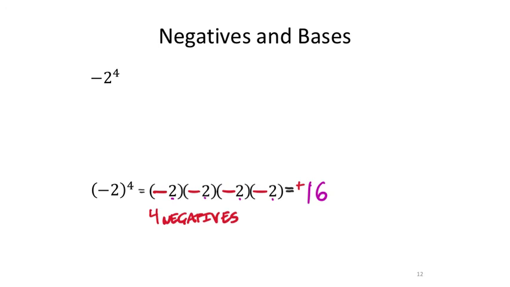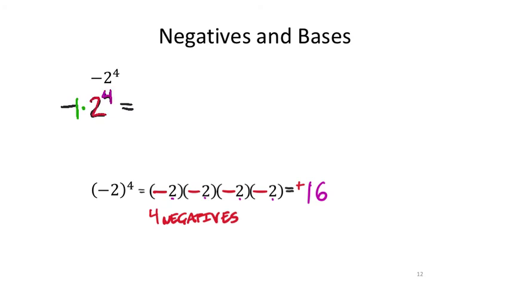But up here at the top, it's not that the base itself is negative, okay? And this goes back to what we saw with, well, the 2 would be in parentheses right here. We have to do this in the order of operations. So really what you end up with is, you got a -2 to the power 4, but there's no parentheses, which indicates what you really have is -1 times 2 to the power 4. So if I were to expand this, you'd have to use the order of operations with 2 to the power of 4.